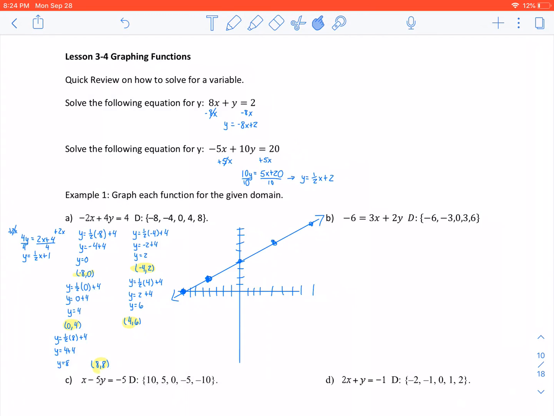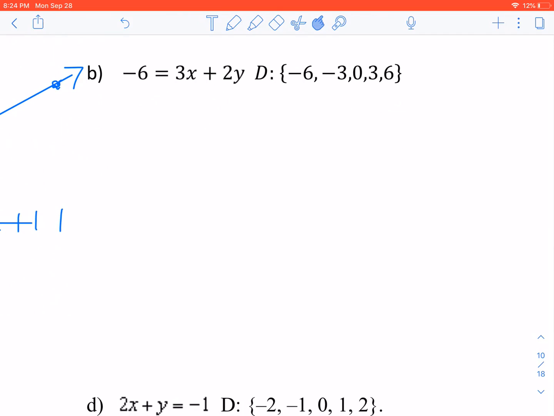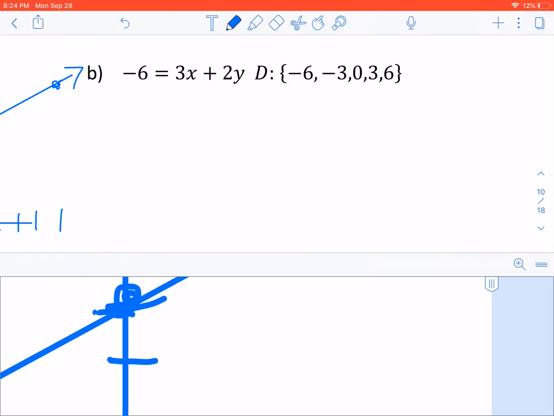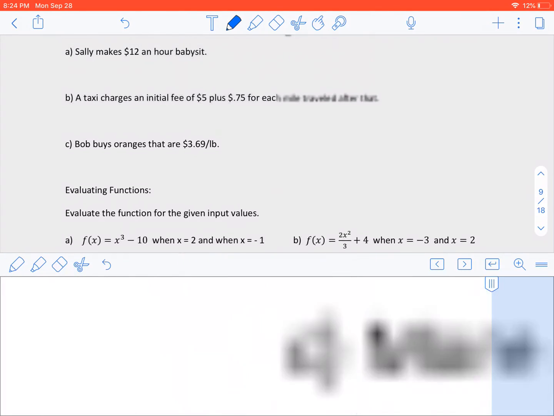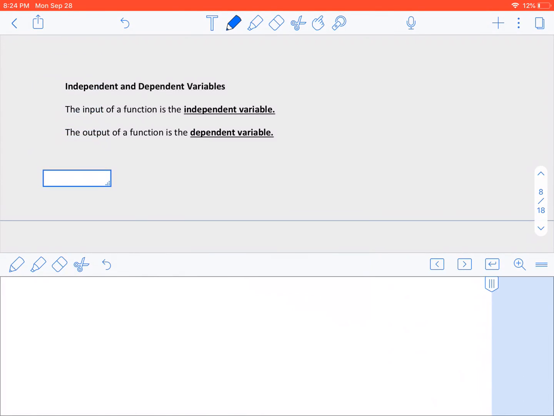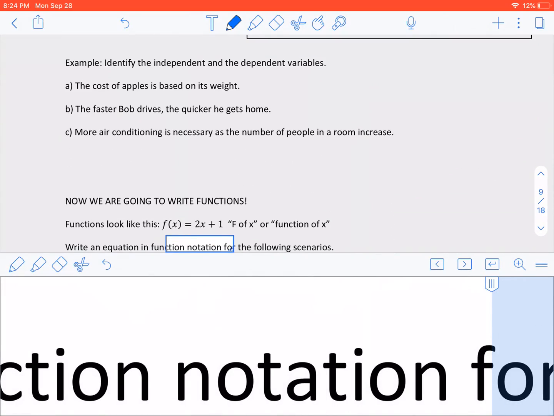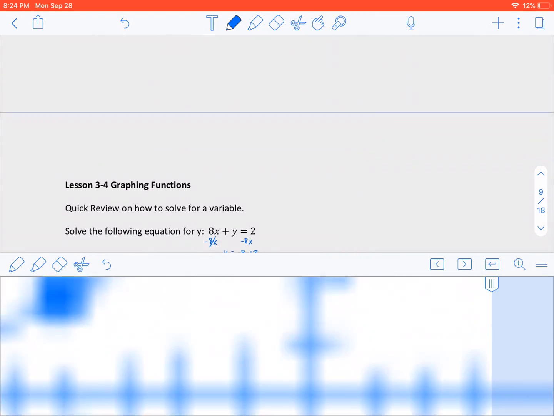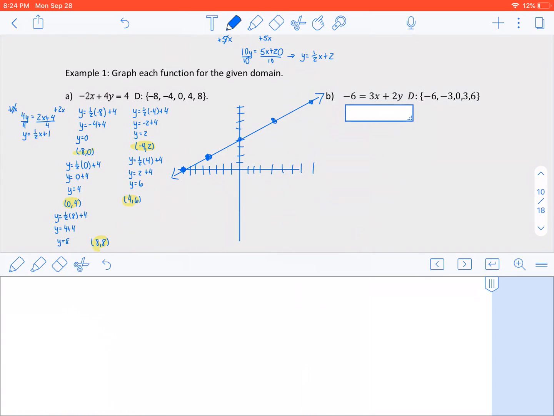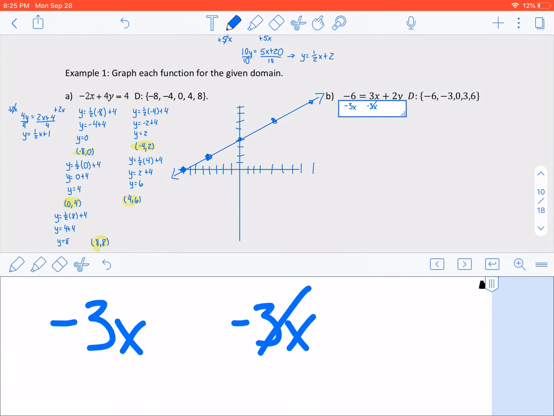Alright, let's take a look at another one. Solve this one for y. Alright. Y is being added by 3x and multiplied by 2. So I'm going to subtract 3x. What I do to one side, gotta do it to the other. Here it's gone.